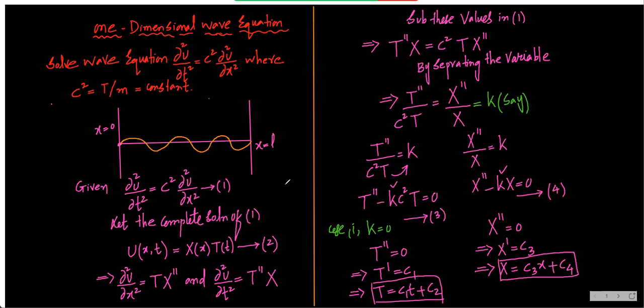Any method you can apply, the choice is yours. Why am I focusing on separation of variables? Because I already showed you the method, and this method is easy for you. For Fourier, you have to apply integral properties, which is a lengthy process. I feel this is the easiest way, so I am using this.